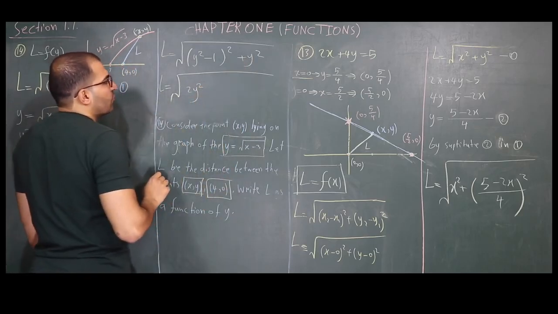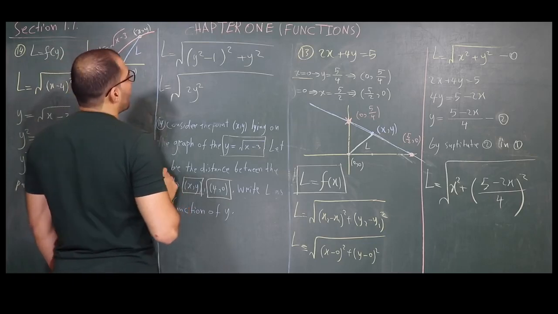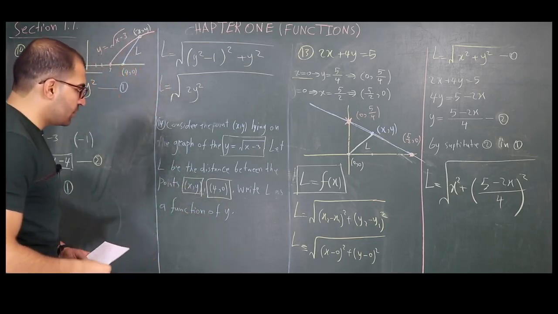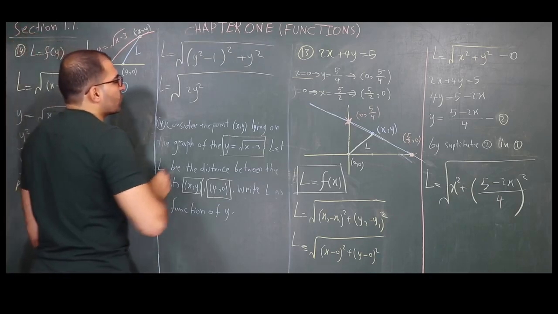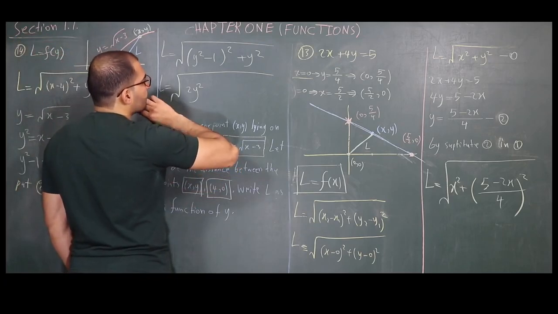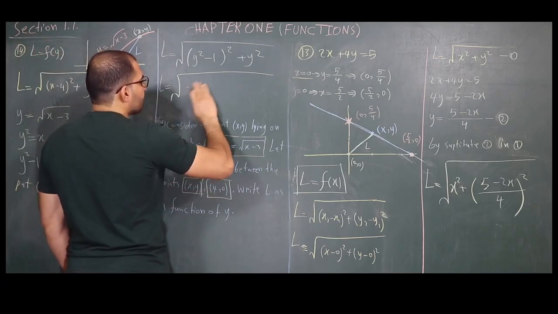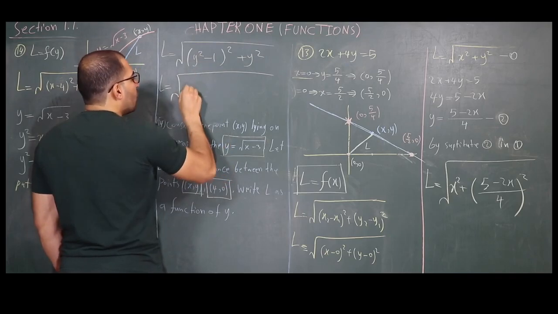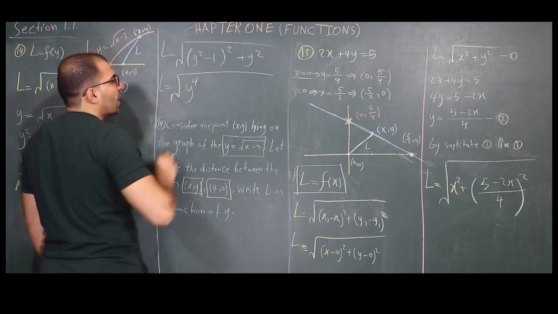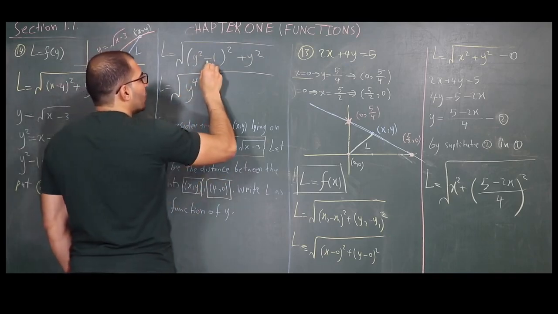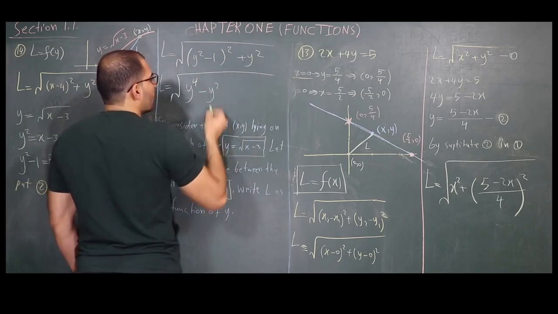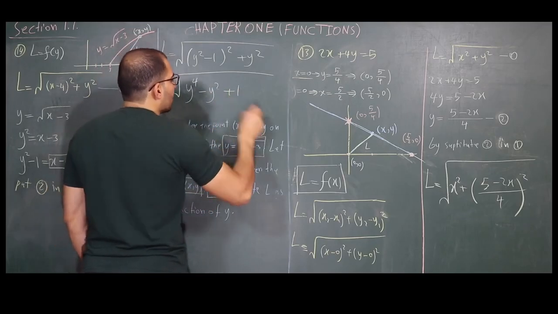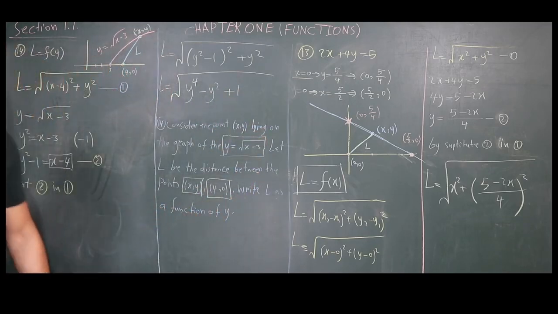Okay, this will be y to the 4, and minus 2y squared plus y squared will be minus y squared, and plus 1. This is the result if you want to simplify it.